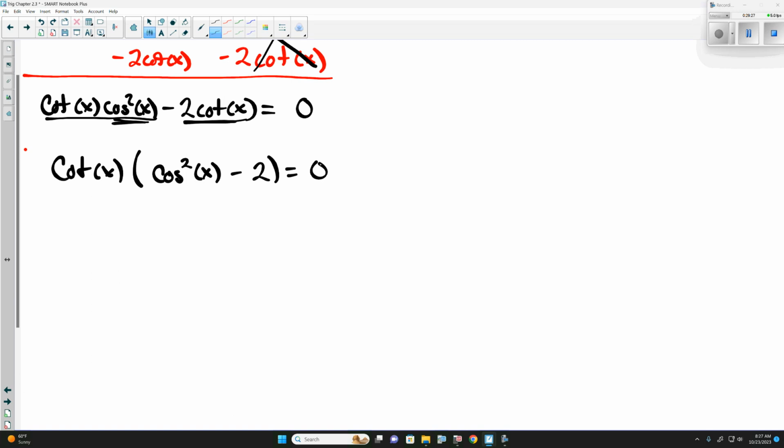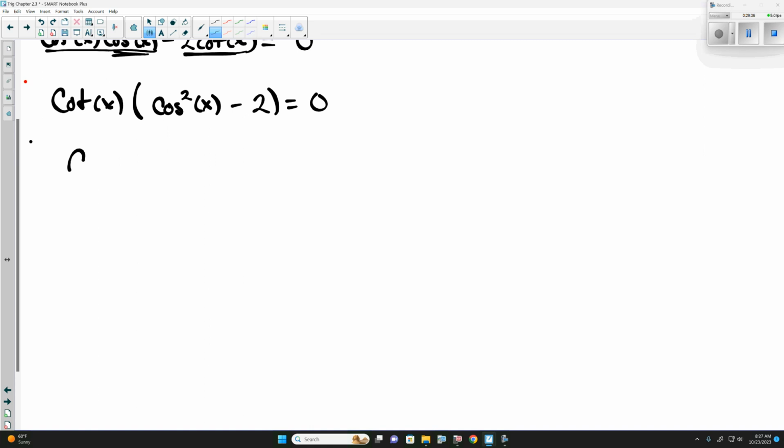Questions on how we got to this point here? Now, at this point, we do have two things multiplied together to equal 0, so one of them must be 0. So we're going to say either cotangent of x is 0, or cosine squared of x minus 2 is equal to 0.